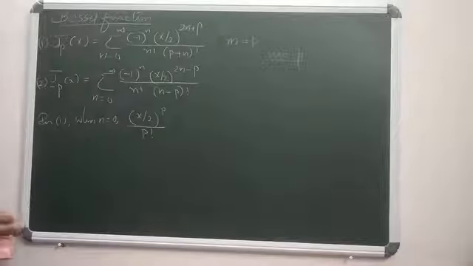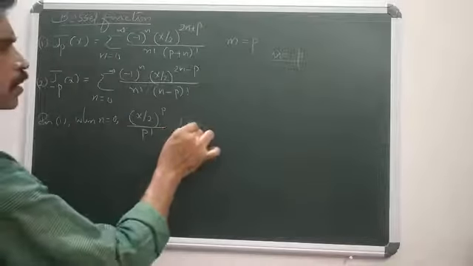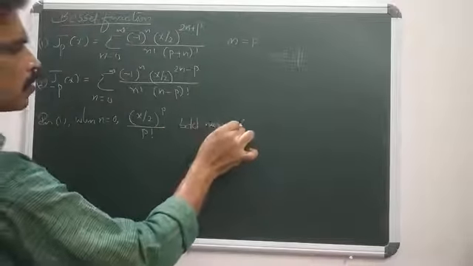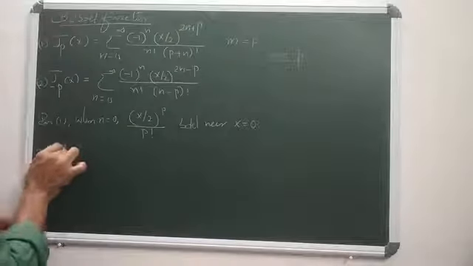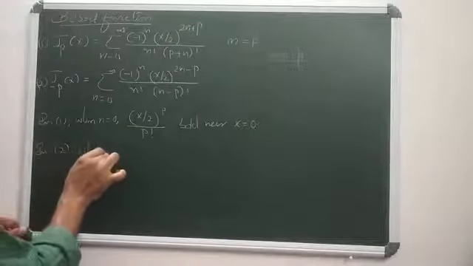So surely this is bounded near x equals 0. The first term of J p x is (x/2)^p by p factorial, which is bounded near x equals 0. And in equation 2, when n equals 0, what is the first term?